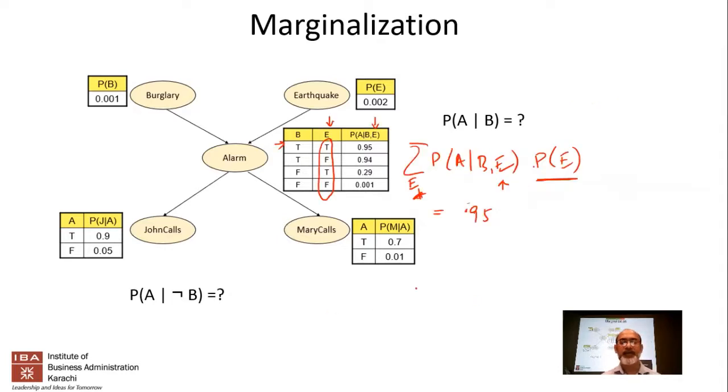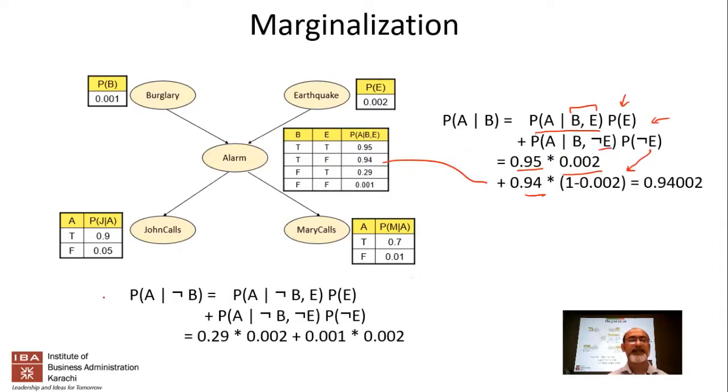Let's see if we can do this one now. Let's take another example. Probability of A given B bar. Okay, so this was probability of A given B, and we summed over these two cases. If you're looking at probability of A given B bar, we should be able to sum over these two cases.